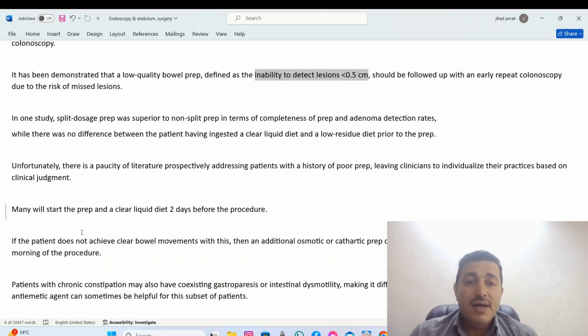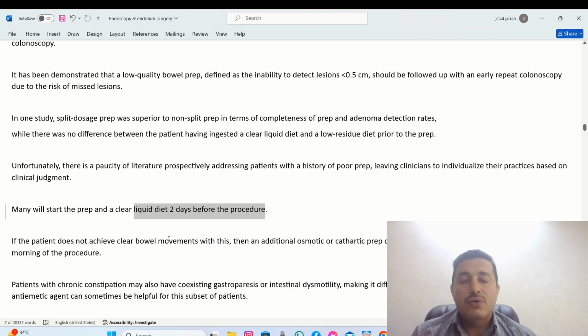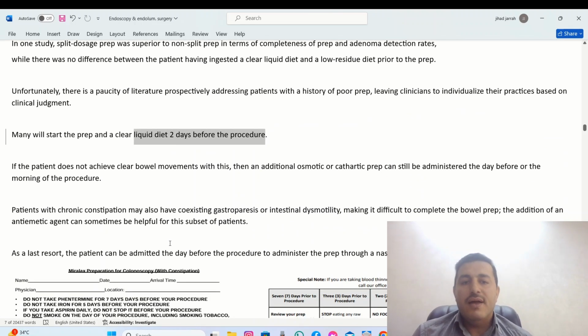So what do we do if we have patients who have, for example, chronic constipation? We said that classically we start bowel preparation the day before the colonoscopy, but we can extend this interval to 2 days before the procedure and even more than 2 days. What other measures?